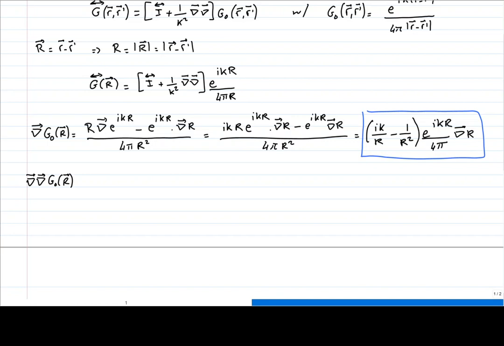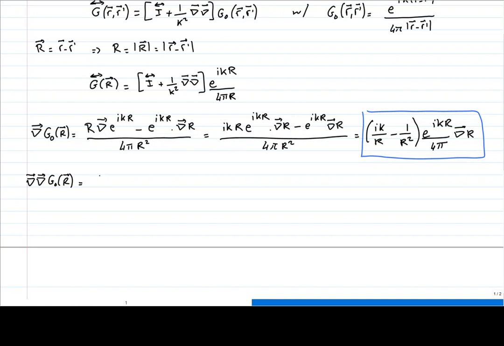We have a product of three functions: the function in the parentheses, with the 1 over r and 1 over r squared; a function with the exponential at the center; and then the gradient of r. So if you take the gradient of this product of functions, you can go from there.